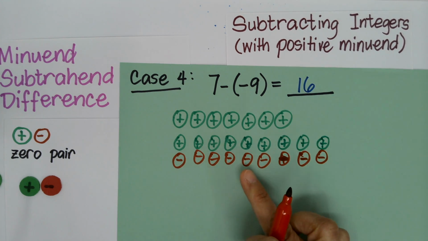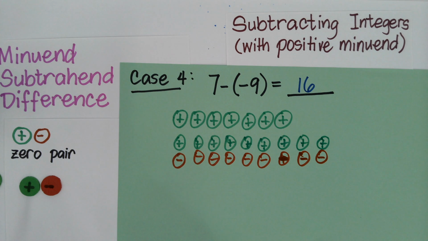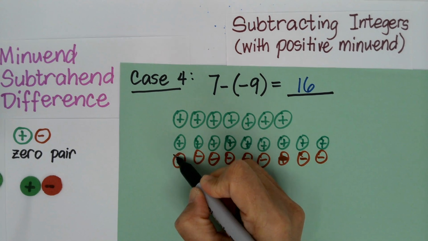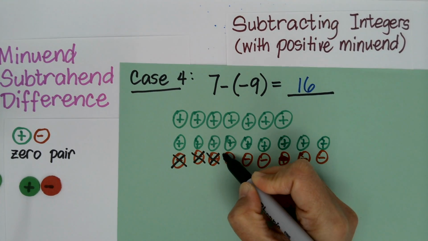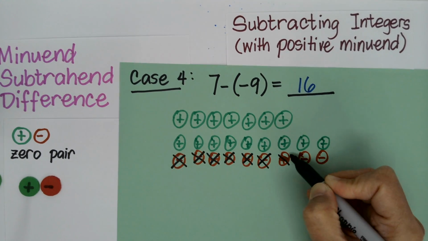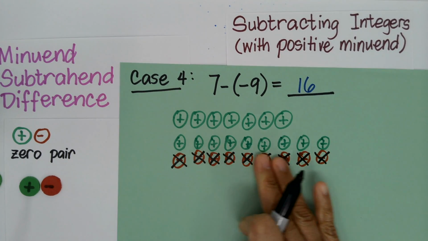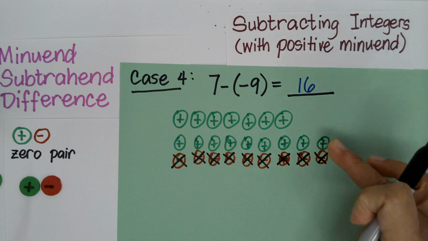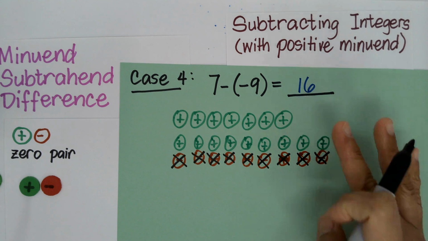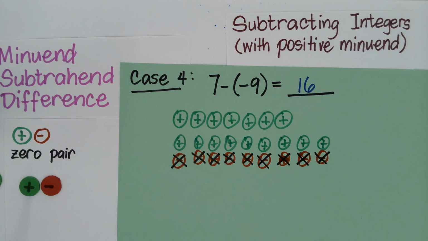So 1, 2, 3, 4, 5, 6, 7, 8, 9. So 9 zero pairs. With the 9 zero pairs, we now have 9 negative discs, and we take away these 9 negative discs by crossing out. That leaves all positive discs, and there are 16 of them. That's why 7 minus negative 9 is equal to 16.